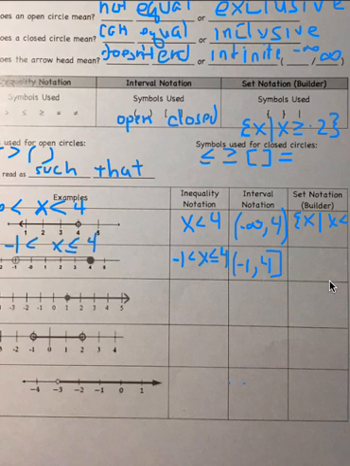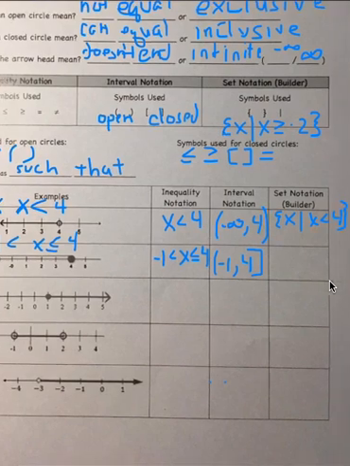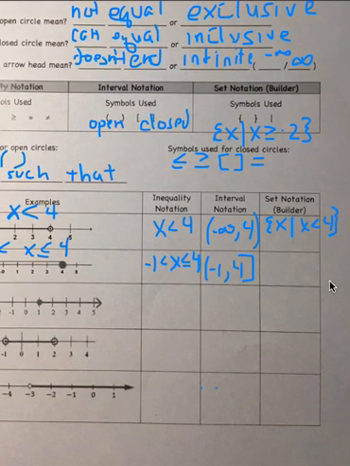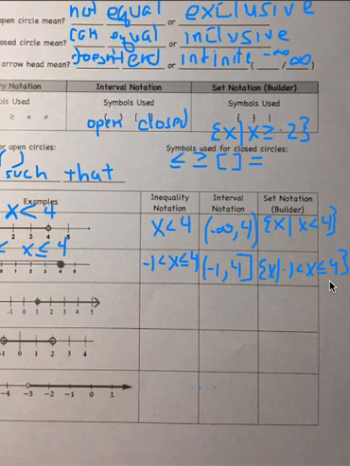And then set builder notation, you just repeat your inequality and rewrite it with your squiggly bracket: the set of all x's such that -1 is less than x is less than or equal to 4. Close it with the other squiggly bracket so you can see it right there.